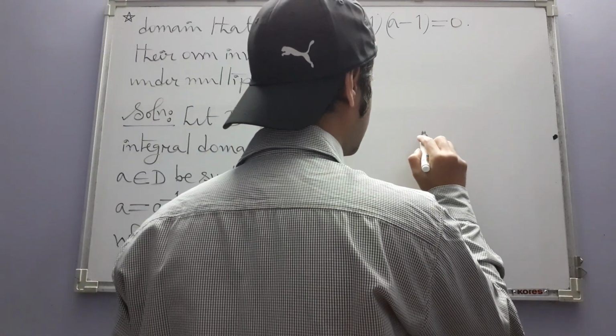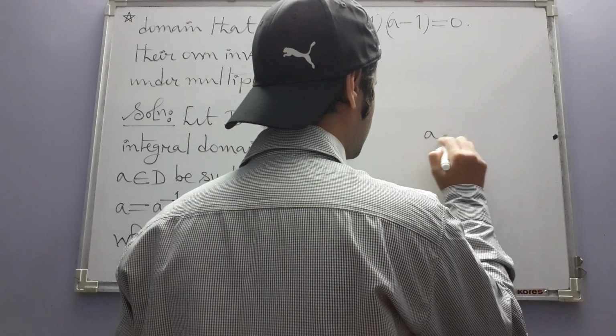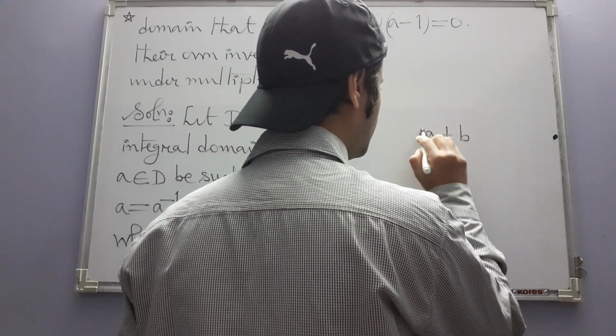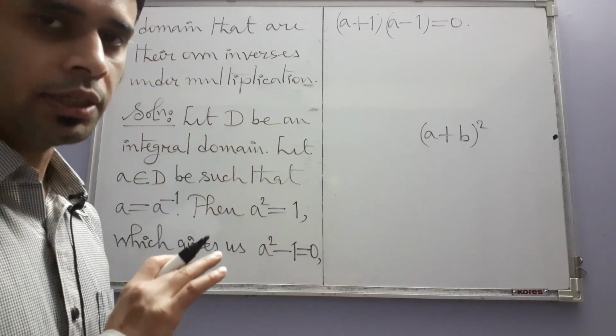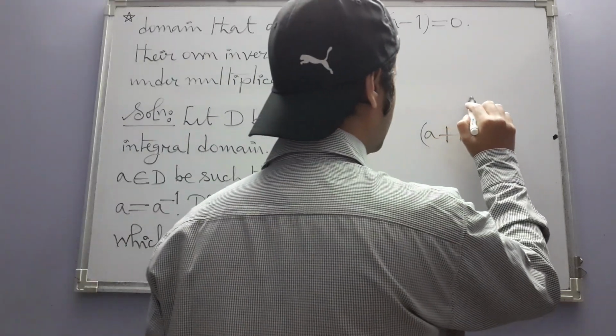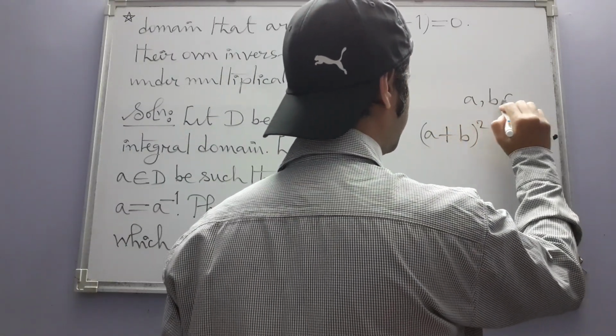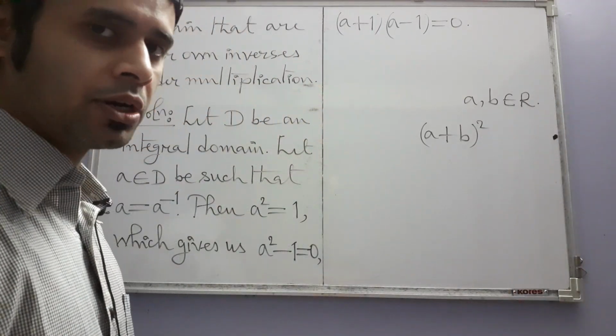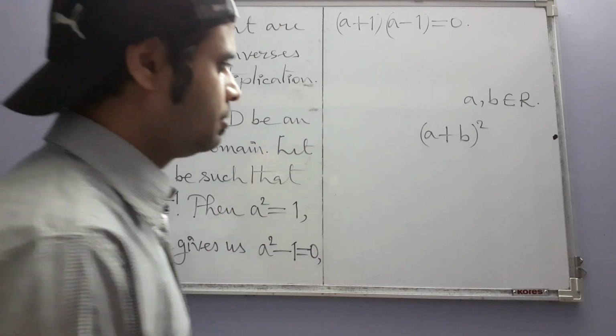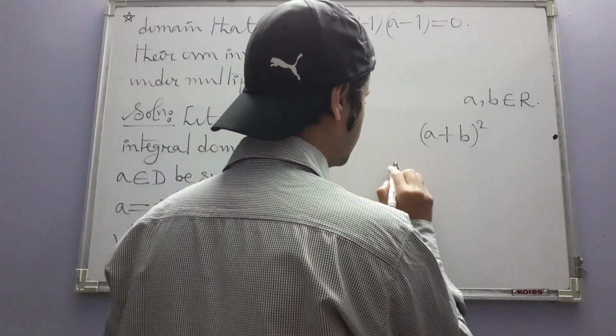So what I am trying to say is this. Say you have A plus B whole square in a general ring, where A and B are elements of a general ring, which may be commutative, may not be commutative, we don't really know.